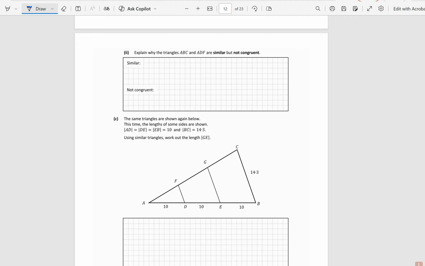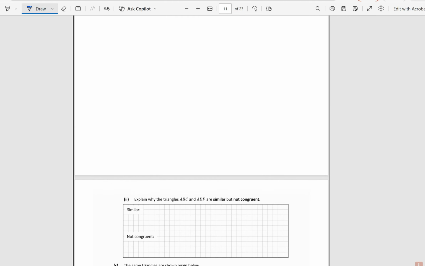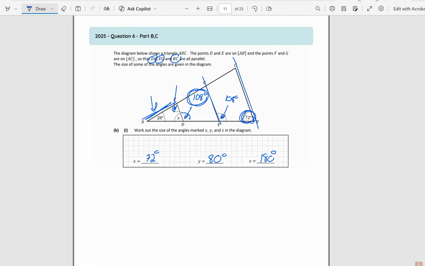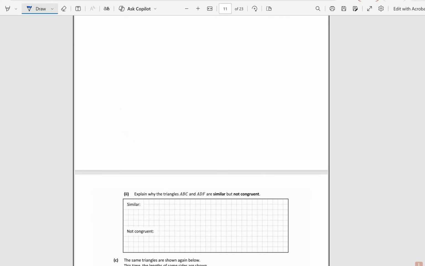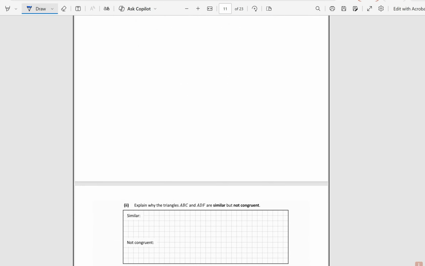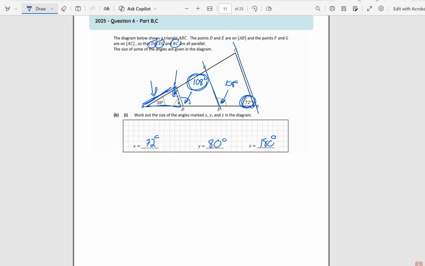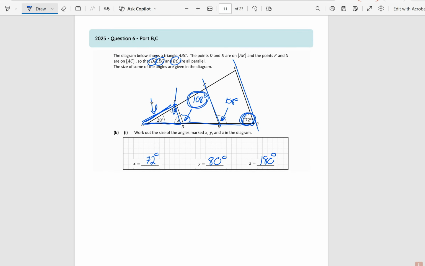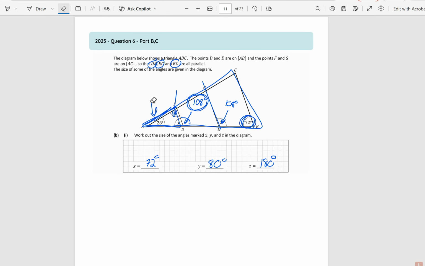Now it says, explain why the two triangles ADF and ABC are similar. ABC is the big one. Why are they similar?